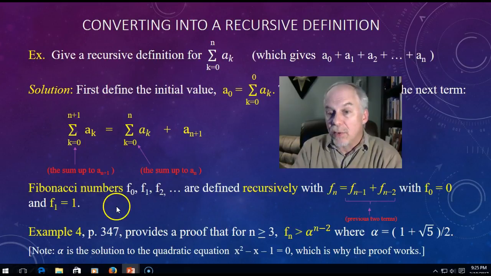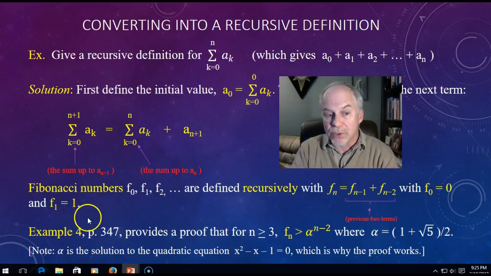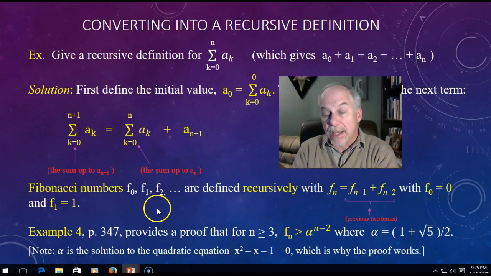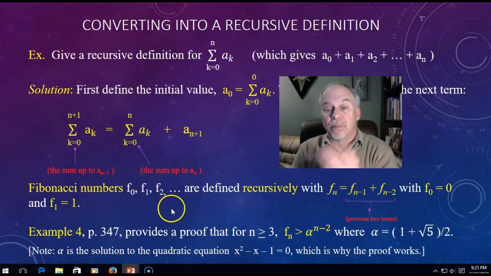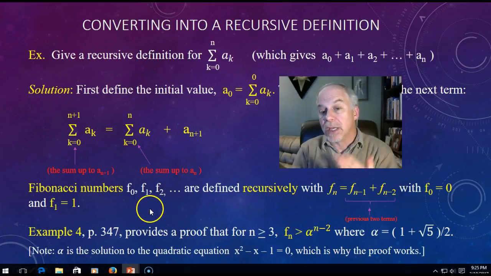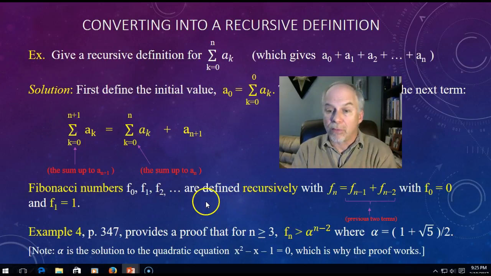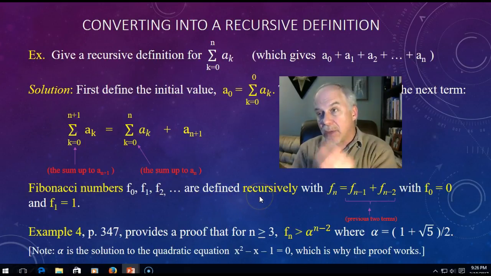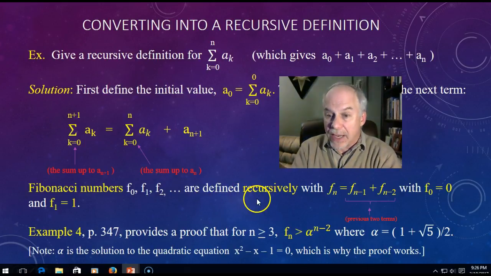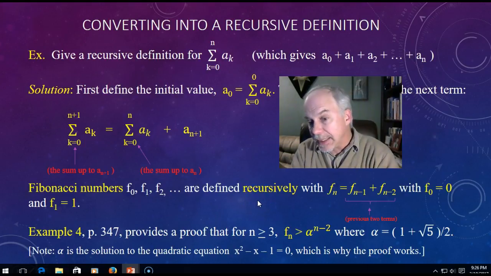All right, then you add the previous two terms. So you'd add 1 plus 2, and you'd get 3. Then you add the previous two terms, 2 plus 3, and that would equal 5. Then the previous two terms would be 3 and 5, and that would add up to 8. And then 5 and 8 would add up to 13.